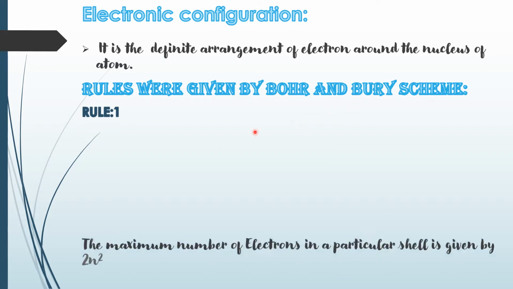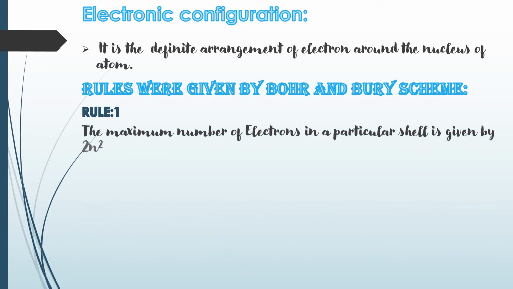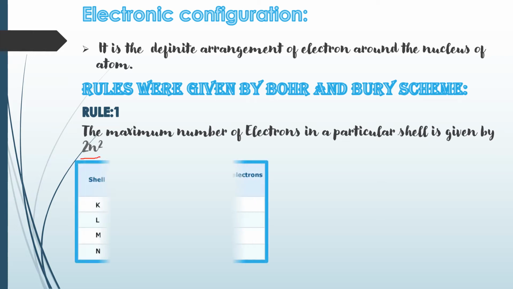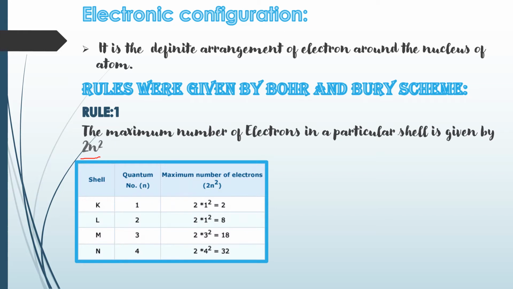Rule number 1. The maximum number of electrons in a particular shell is given by 2n square, where we substitute n is equal to 1, 2, 3, 4, etc. for the nth shell. For n is equal to 1, 2 into 1 square is equal to 2. Sorry, it is wrongly marked.